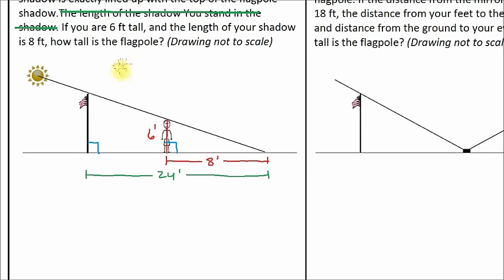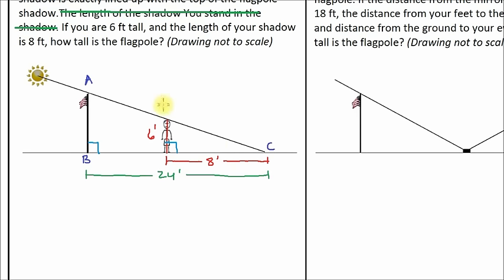Well, let's do this real quick. Let's label some of these points. I'm going to label the top part, kind of pretend that we've made a triangle right here with a shadow, and let's label the top of the flagpole A, and the bottom of the flagpole B, and let's label the top of my head D. Let's label the other point of the big triangle C. If you can see, there's a big triangle made right here, triangle ABC.